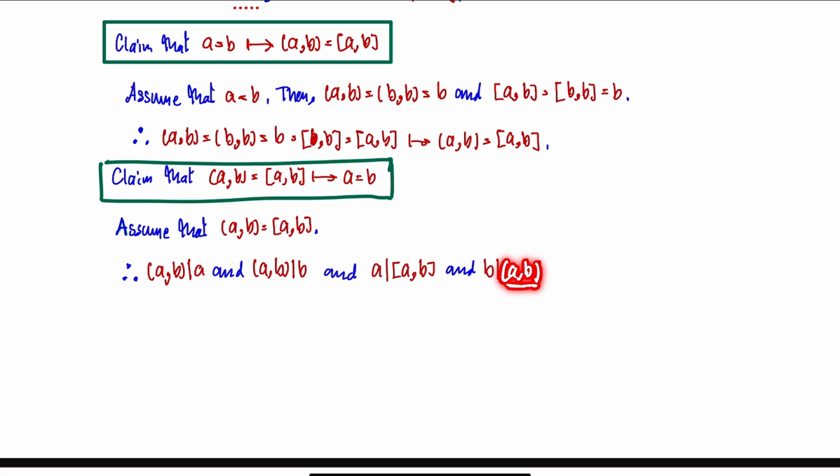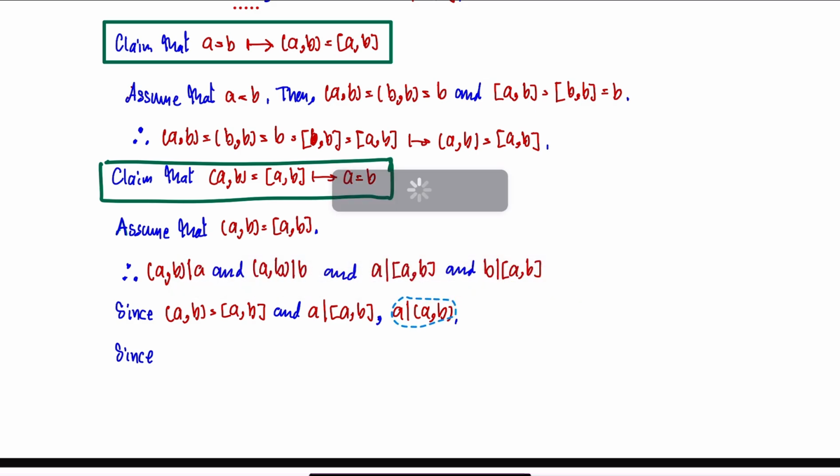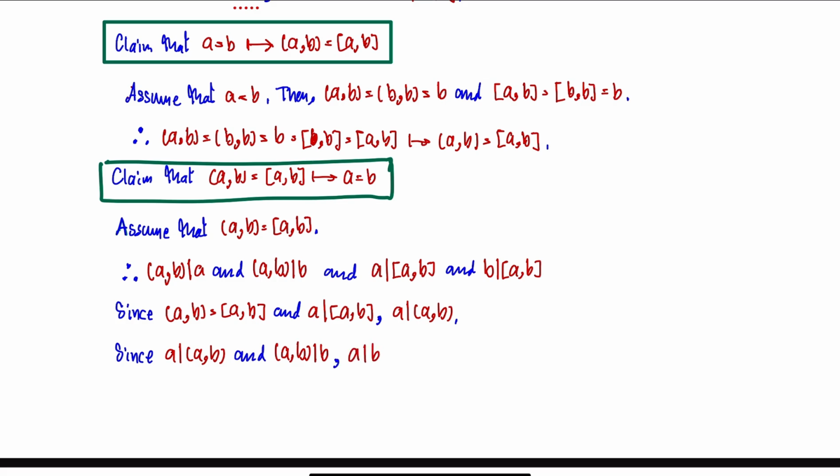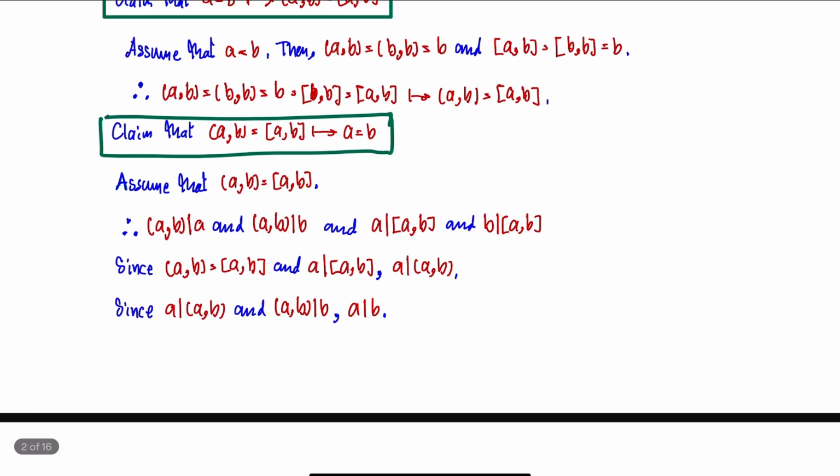Since the greatest common divisor of A and B is the least common multiple of A and B, and A divides the least common multiple, that means that A divides the greatest common divisor of A and B. And since the greatest common divisor of A and B divides B, A divides the greatest common divisor, and the greatest common divisor divides B. So we can use transitivity. That means that A divides B.